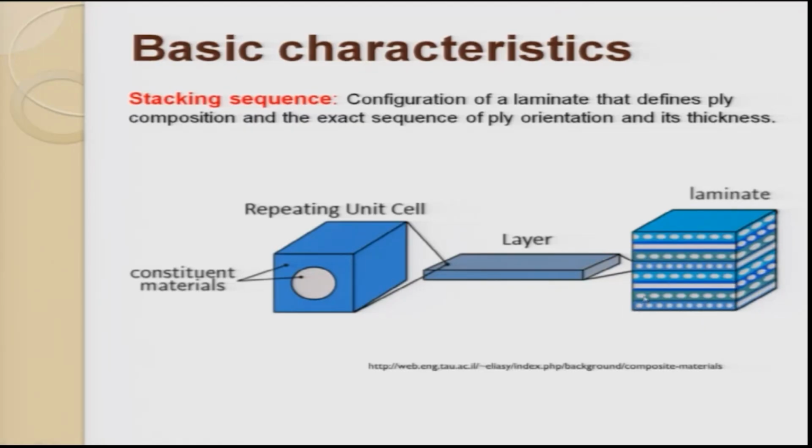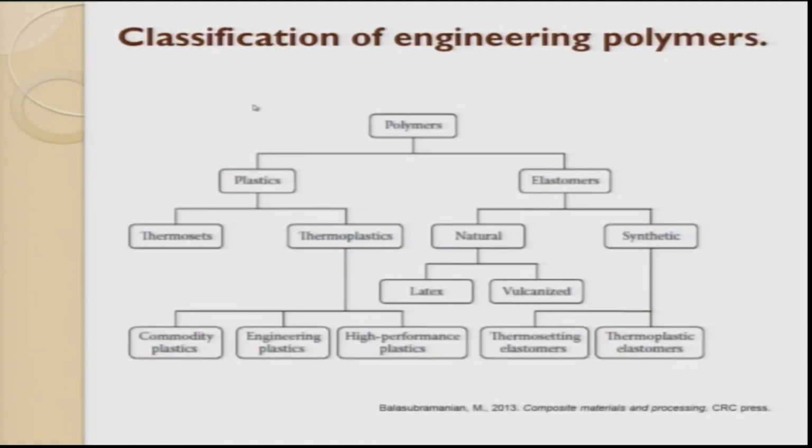This shows very clearly that you can keep changing the orientations of the layers to get the required output. That laying of different layers is called a stacking sequence. The configuration of a laminate that is defined by ply composition, the exact sequence of ply orientation, and its thickness is called a stacking sequence.